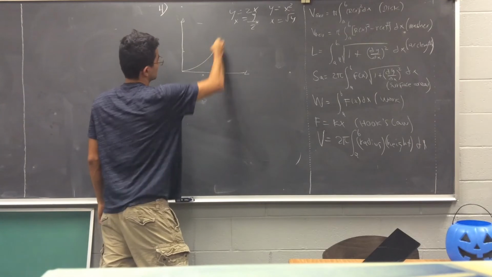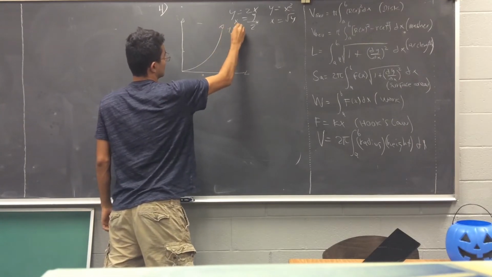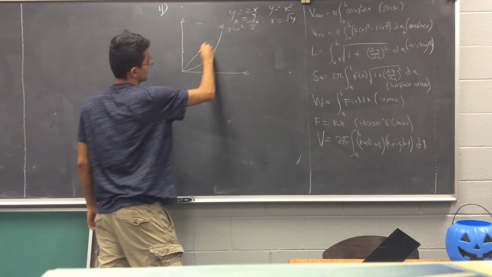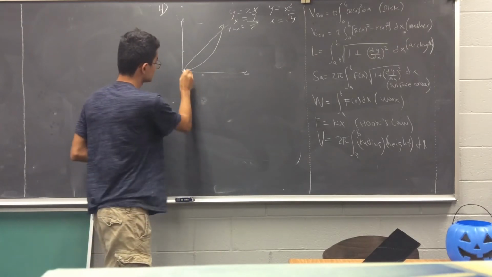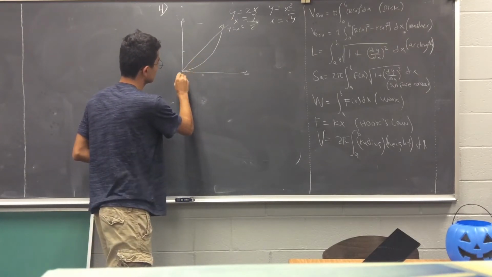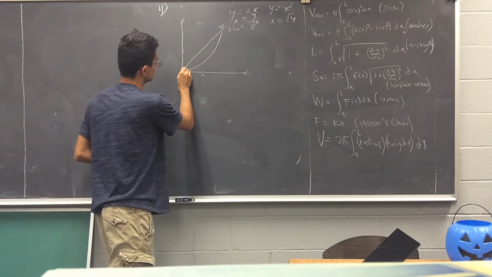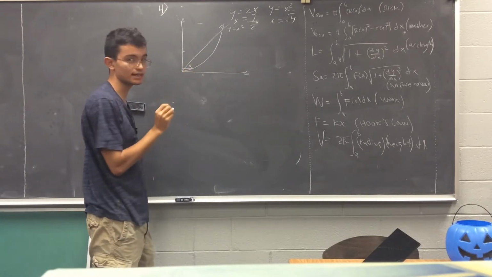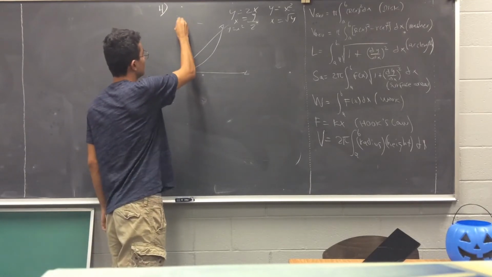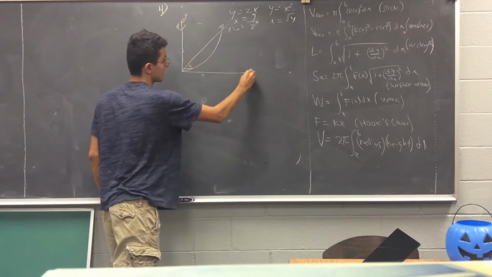So we have x squared like that, and then y equals 2x. Now the radius, like we said, is a change in x, right? So this is the radius over here. Let's say we take a typical shell over here. So let's say it's going to be something like this, right? So this is the radius. That's going to be x, a distance x from the center of rotation, which is the y-axis.